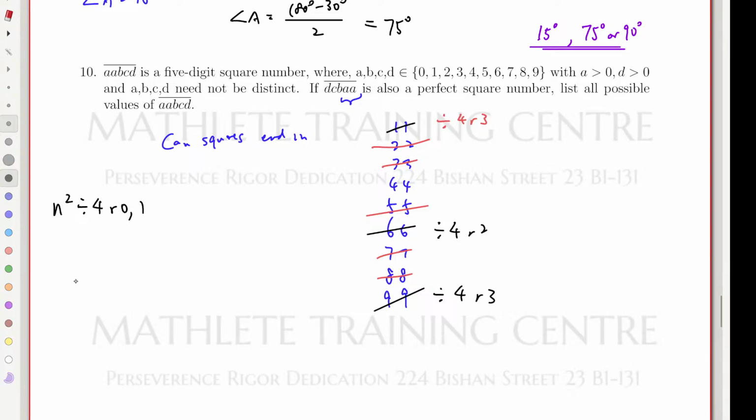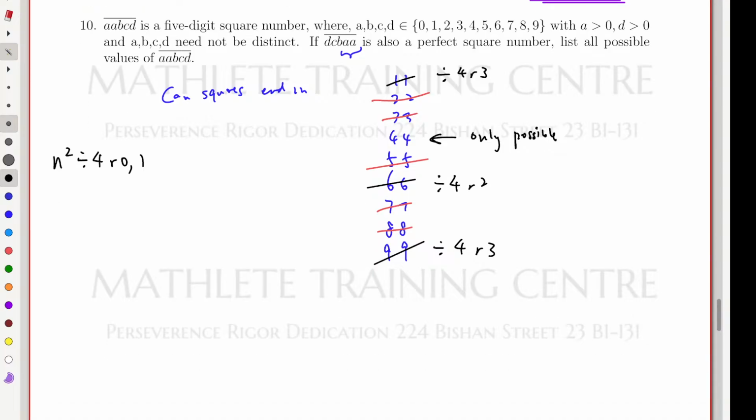For the exact same reason, 99 is gone as well. So from here we know the only possible choice of A must be 4. This is the only possible outcome, because it's impossible to end in the rest; the others, when divided by 4, have a remainder that's not 0 or 1. So it's only possible to end in 44. That means A must be 4.